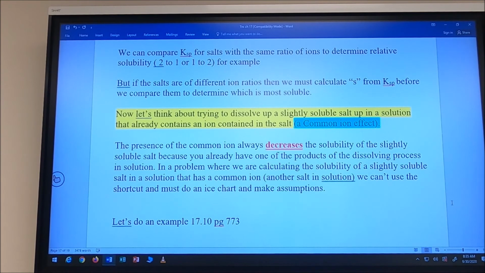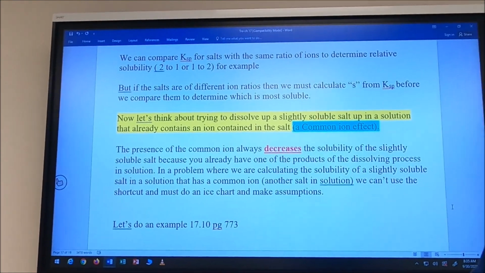Now, the common ion effect means that there's an ion already in solution that the salt you're trying to dissolve contains. And that common ion is going to interfere with the ability of the salt that you're trying to dissolve to dissolve. Now let me show you.